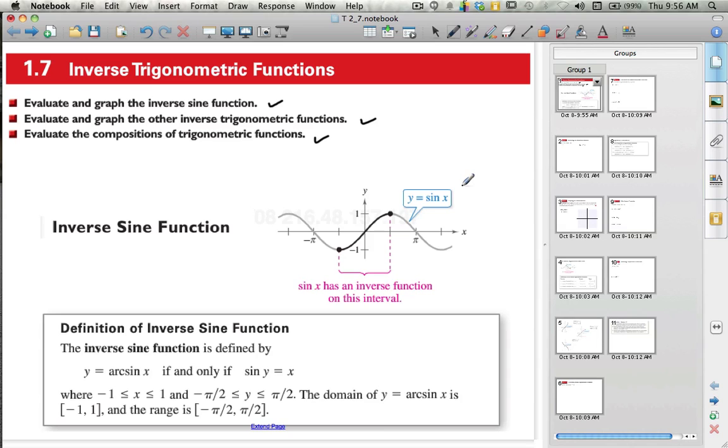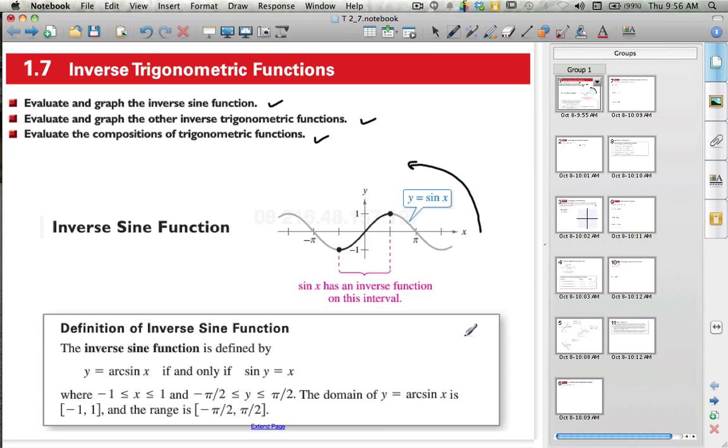All right, and when you think about what's going to happen with this function, if I find its inverse, it's going to rotate in this direction. And the reason that it only has an inverse function on this interval is because if we included more of the function, then it wouldn't be a function because it would violate the vertical line test.